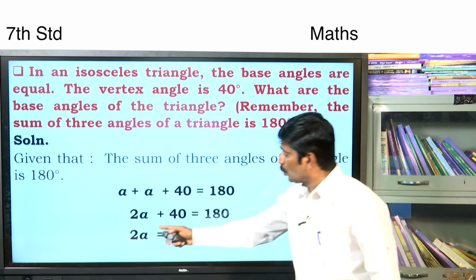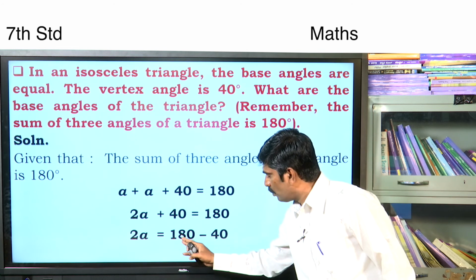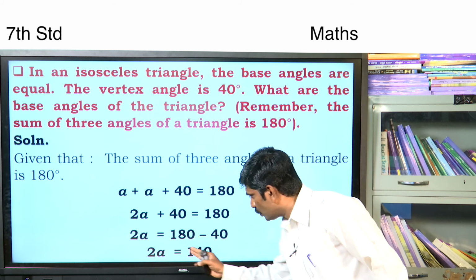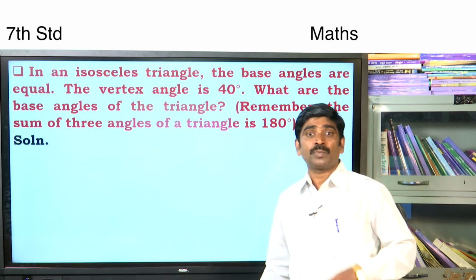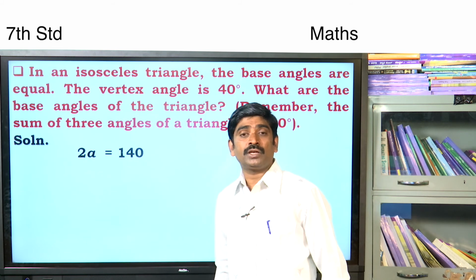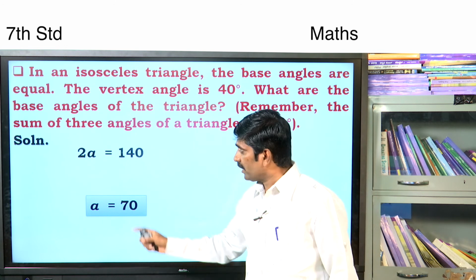Then 2A is equal to 180 minus 40, which is 140. Therefore, 2A is equal to 140. When we divide 140 by 2, we get 70.